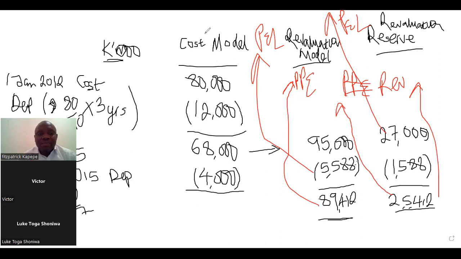So this cost model is basically your historical cost model. So you decide whether you're using the cost model or the revaluation model as a policy. Does it make sense up to this level? Yes, it does.